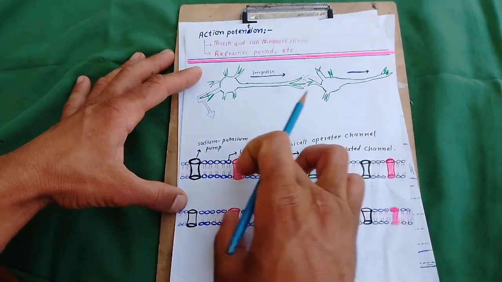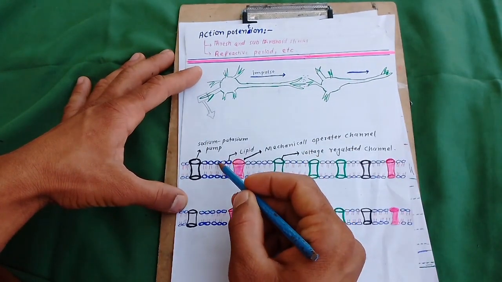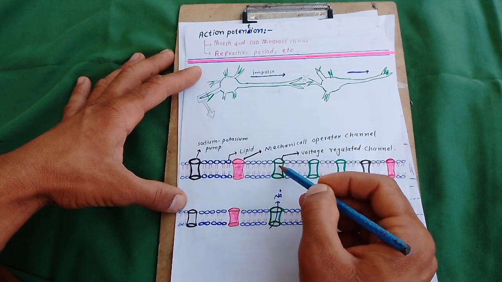Okay, this is the structure of the cell membrane. These are the lipid heads, these are the lipid tails, proteins, and different types of channels.